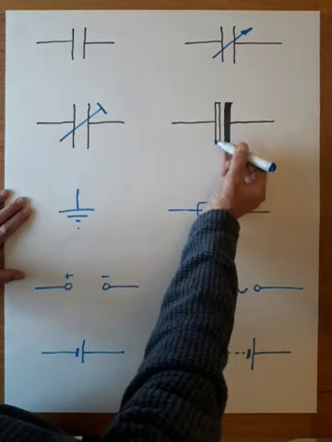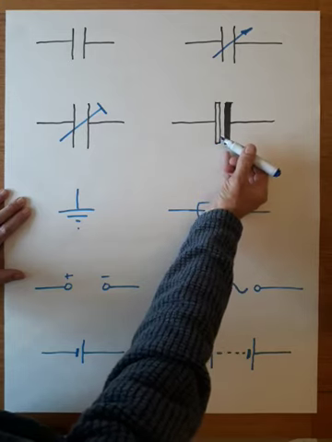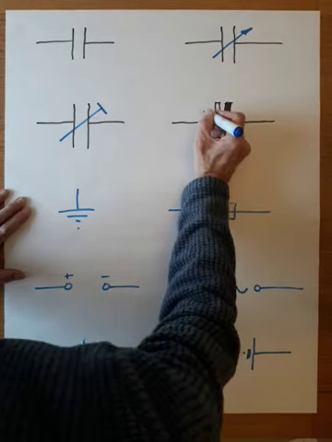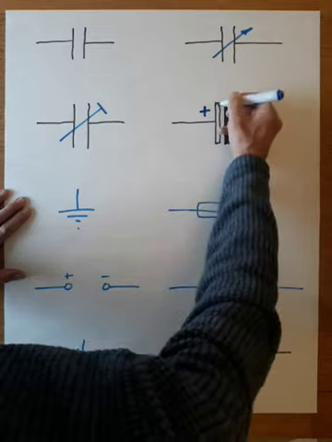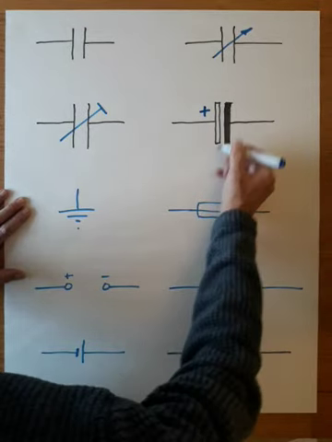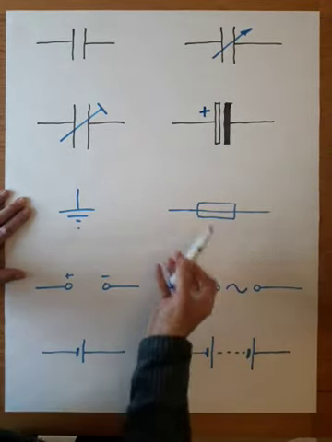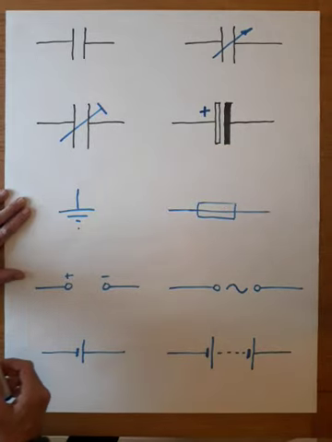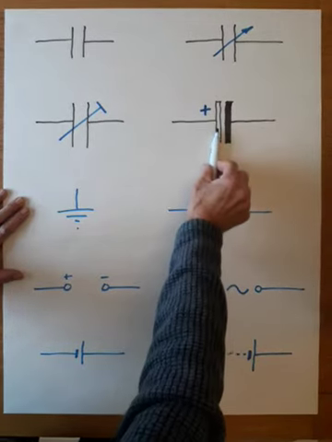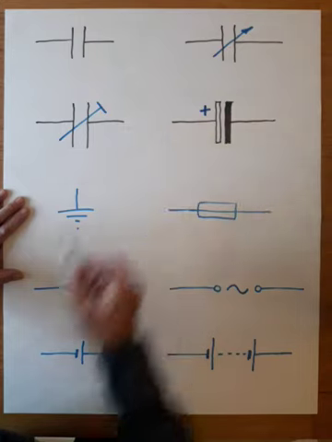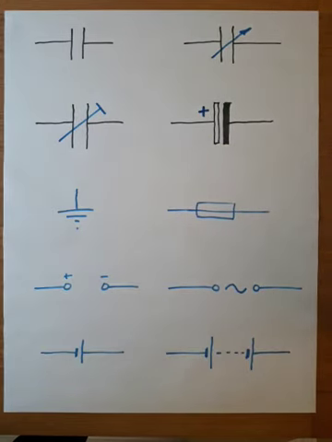This is a polarized capacitor. In other words, polarity does matter. The empty side is plus, the filled in side is negative. We normally just indicate plus. So these are very different to these. And again, photographs appear on your handout and we'll go into them later on.